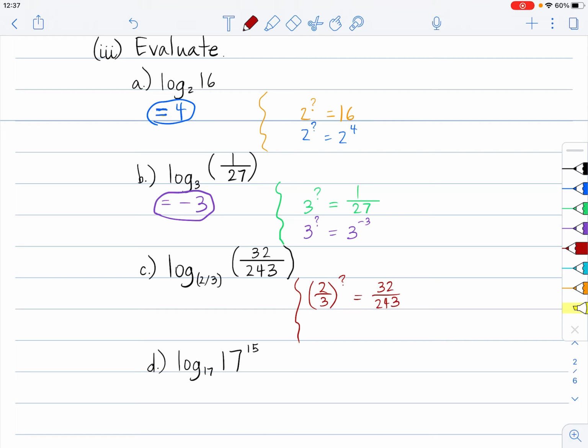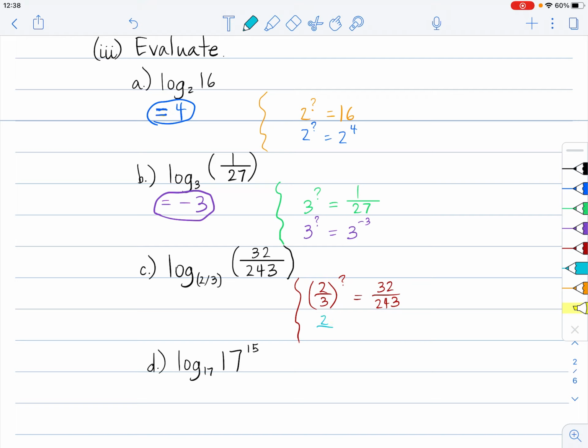Usually one of the first things I like to ask myself here is, is 2 to some power 32 and is 3 to some power 243? My vote is yes. It's not that they flip-flopped. And so that means that my exponent is going to be positive here.